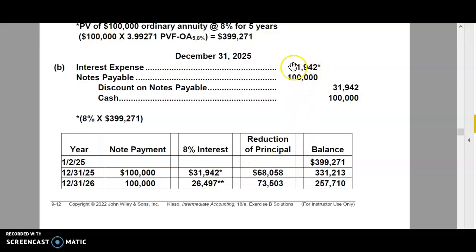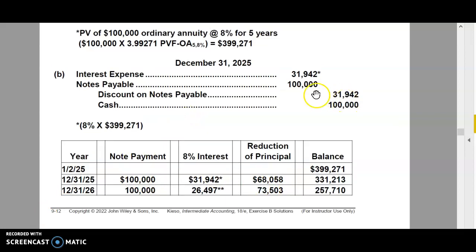So you're going to record your interest expense. You're going to debit notes payable because you just paid $100,000 on that note. Your discount on notes payable, the $31,942, is your plug number.